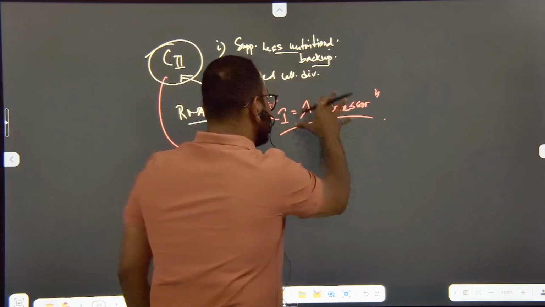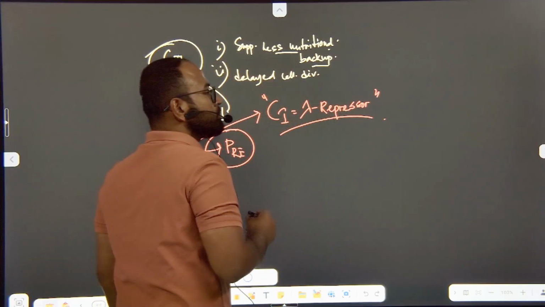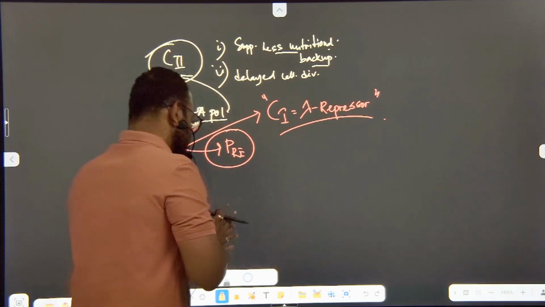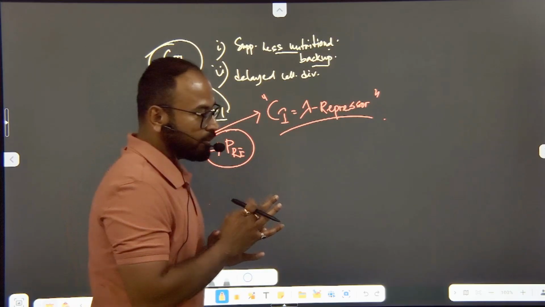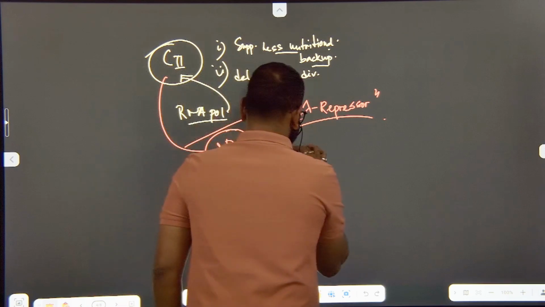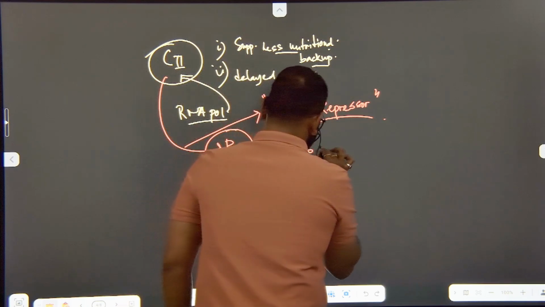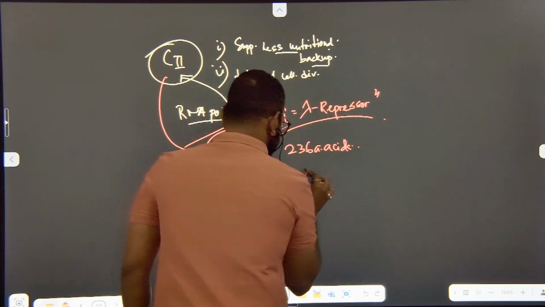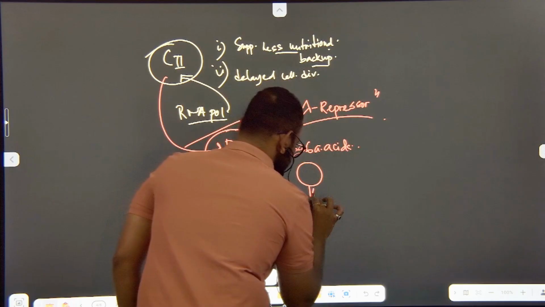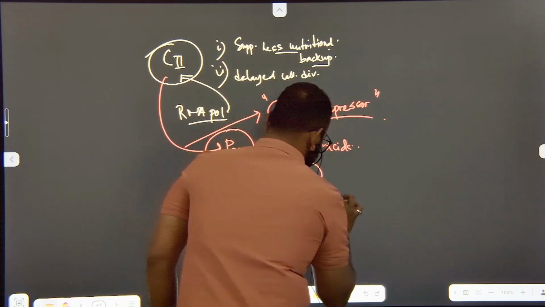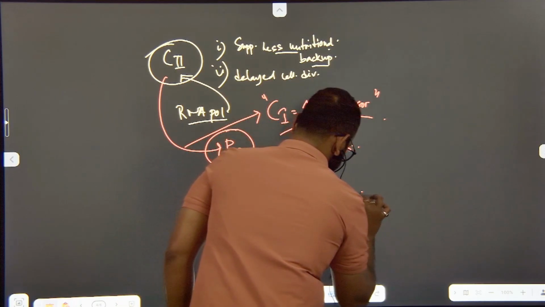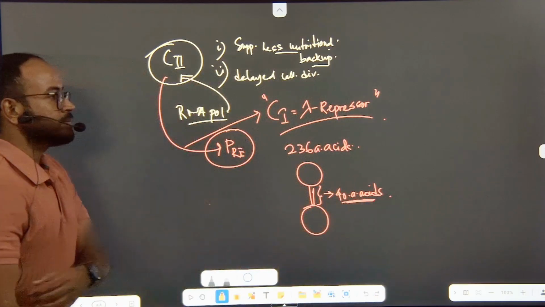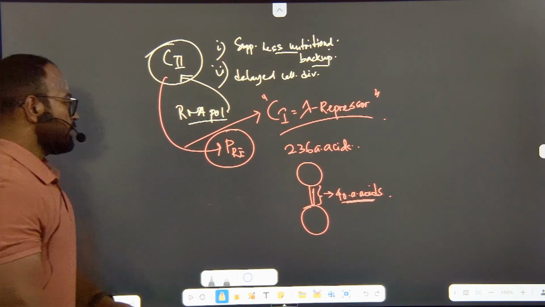Considering the structure of lambda repressor, or C1, it is composed of 236 amino acids and appears in the form of a dumbbell where the linker is about 40 amino acids.